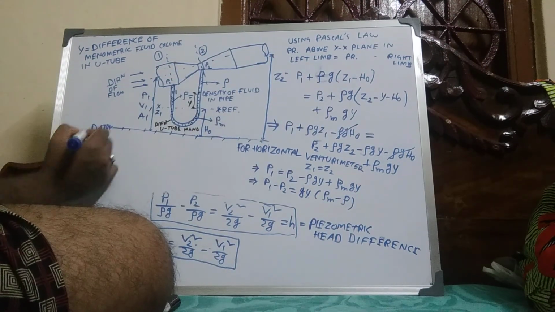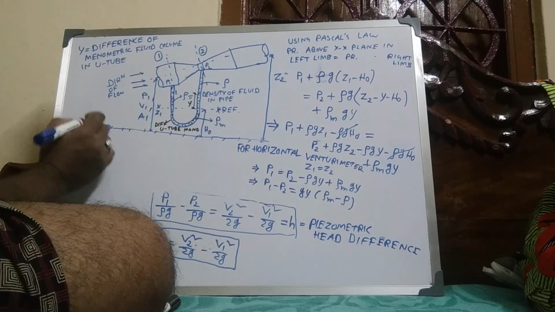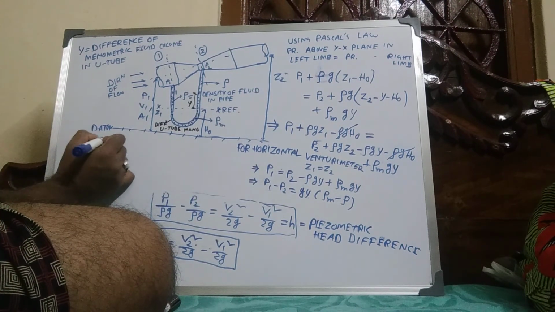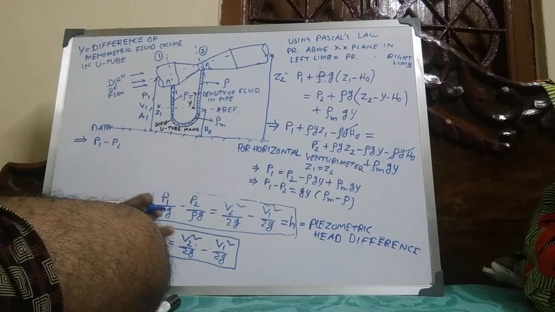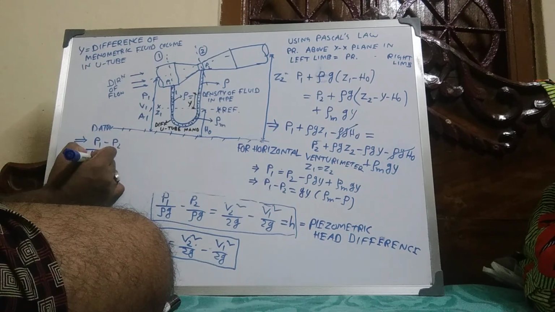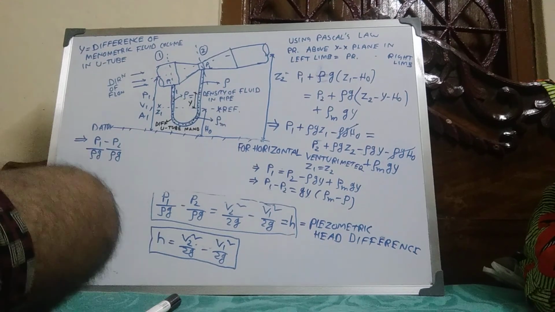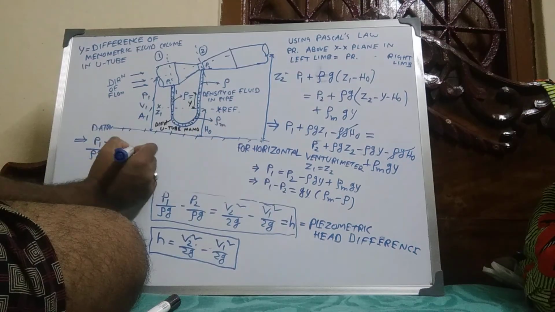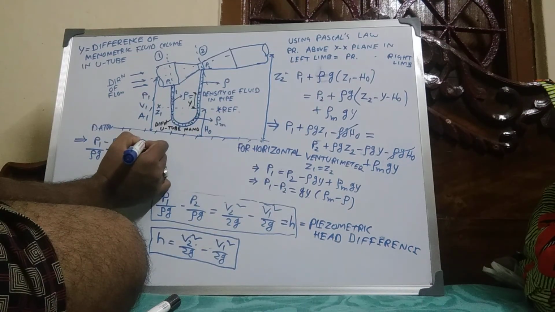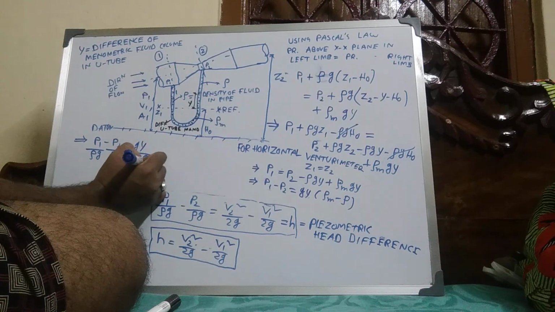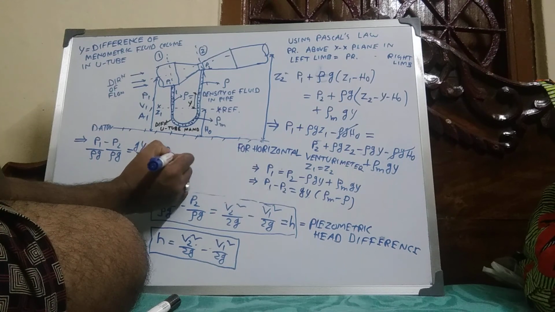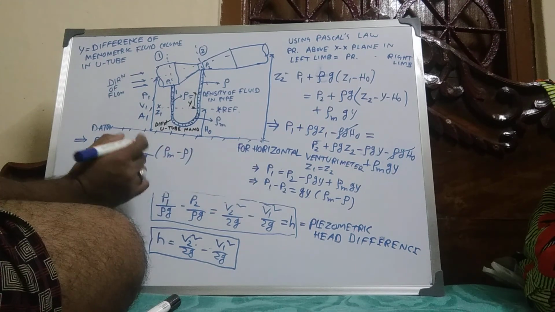Okay, now from here, p1 minus p2 over rho g, divided on both sides by rho g, this side equals y into (rho m minus rho) over rho.